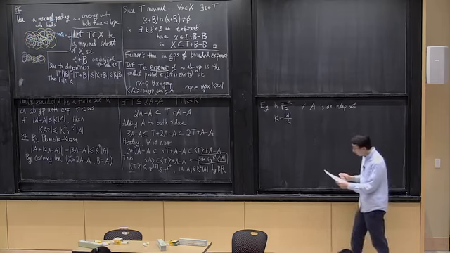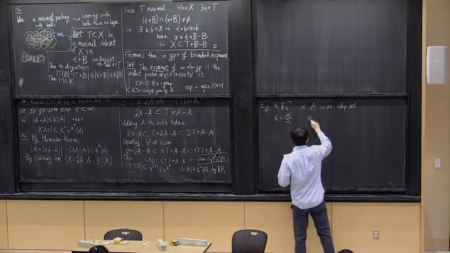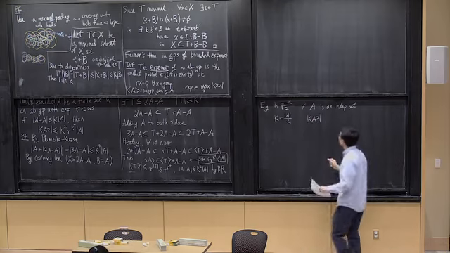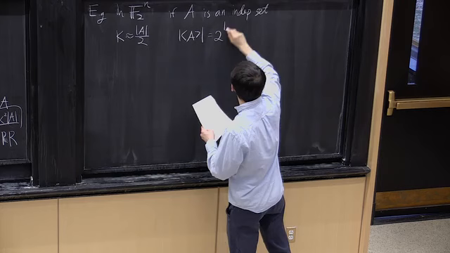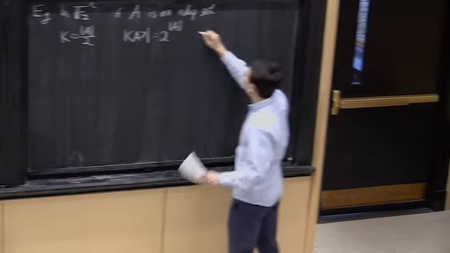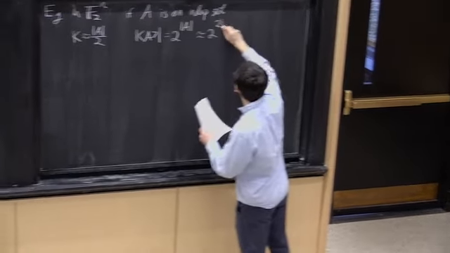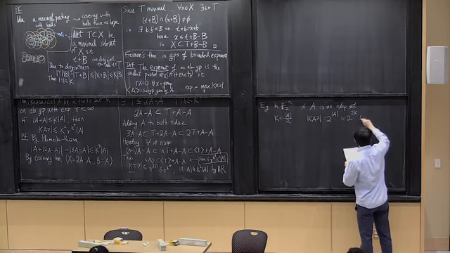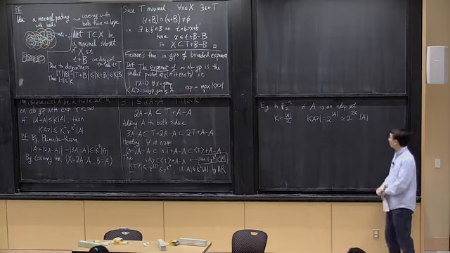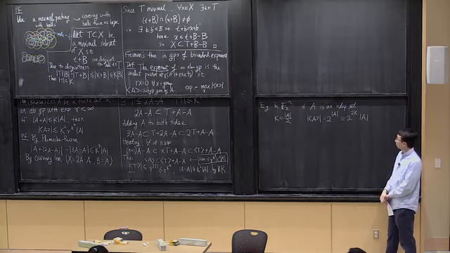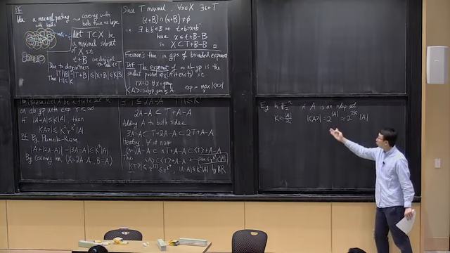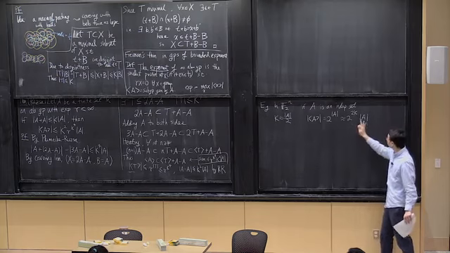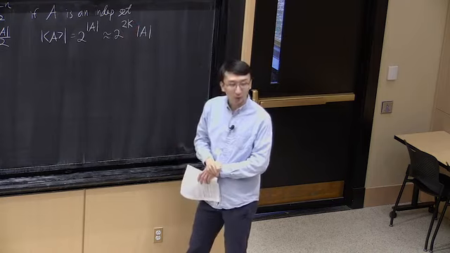That's the doubling constant. Whereas the group generated by A has size 2 to the size of A, which is around 2 to the 2k times the size of A. Okay, so you see that you do need some exponential blowup from k to this constant over here.